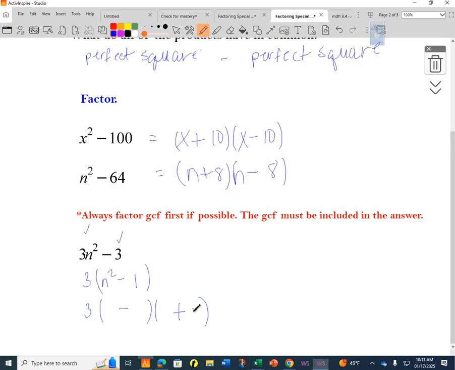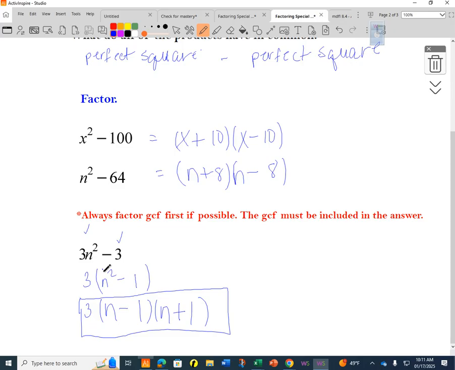What's going to go in the first spot, Gladys? And what's going to go in the second spot, Brooklyn? No. What times what gives me 1? 1. Square root of 1 is 1. So that is your final answer.